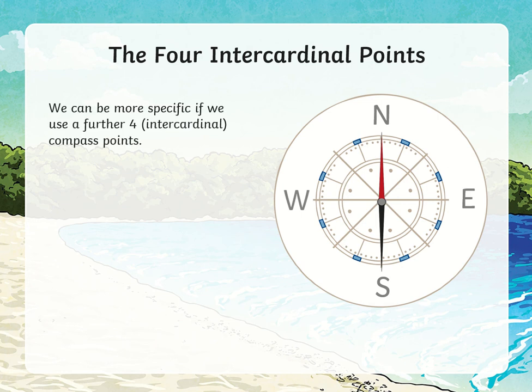There are actually 4 more compass points, and they're called intercardinal points. Let's have a look. They go halfway in between the main points.